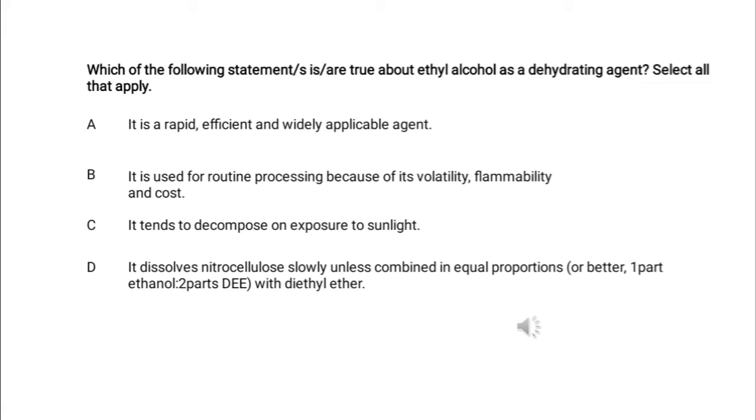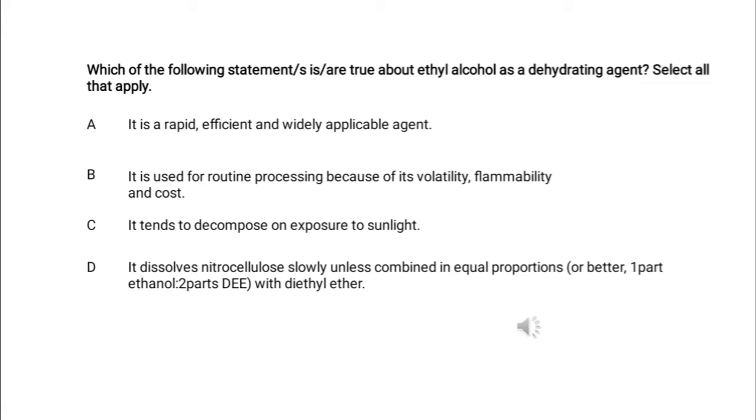Next question, which of the following statements is or are true about ethyl alcohol as a dehydrating agent? Select all that apply. First choice, it is a rapid, efficient, and widely applicable agent. This is true.